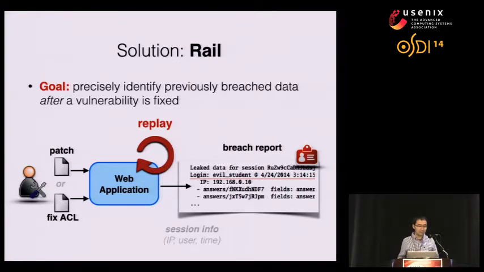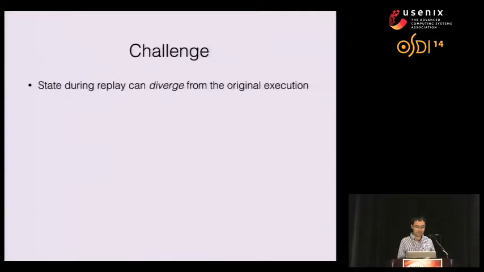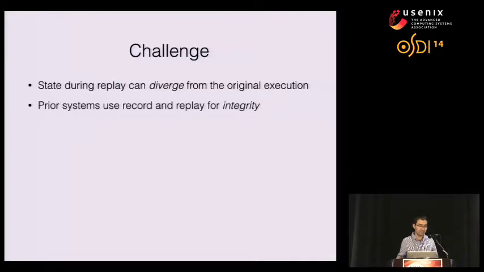As we can see, RAIL's report highlights that for every session, which data items and which fields in the data items are illegally disclosed. So the key challenge for RAIL is that the application's state during replay can diverge from its state during original execution. This might not be a problem for previous systems that use record and replay because their focus is on integrity.